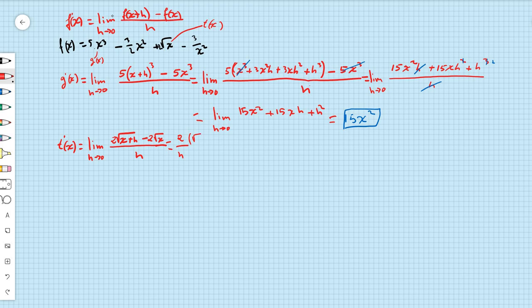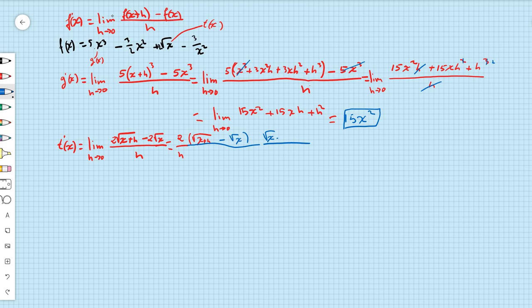So we'll factor out the 2. So we'll have x plus h. Why am I using red for everything? Minus square root of x. So we have that, right? Now we can multiply these by the conjugate. So that would be what?